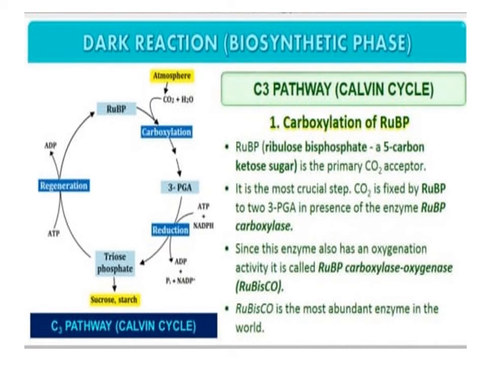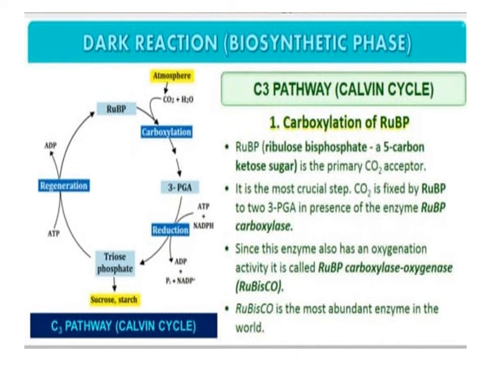If we just see the various steps, the first step is carboxylation of RUBP. Carboxylation is the fixation of CO2 into a stable organic intermediate. Carboxylation is the most crucial step of the Calvin cycle, where CO2 is utilized for the carboxylation of RUBP.